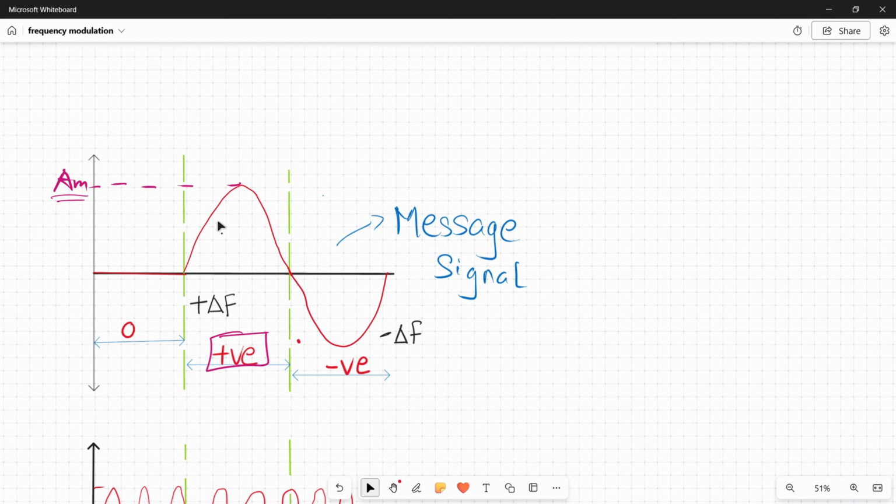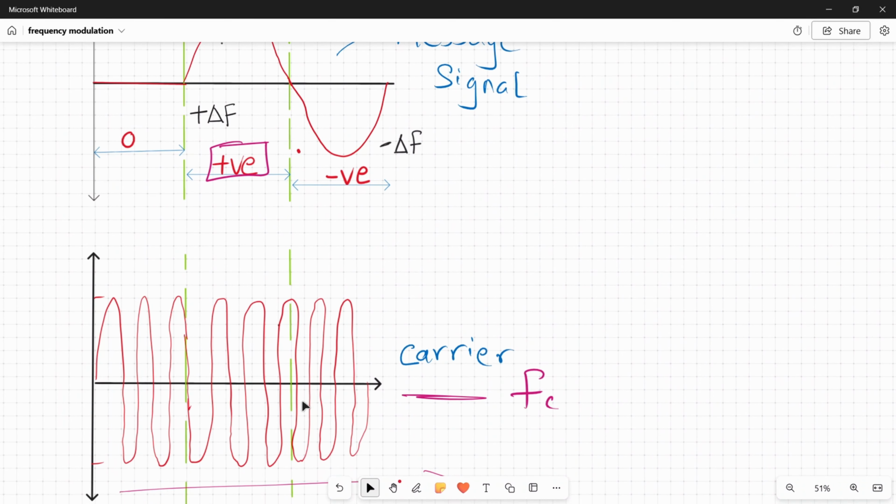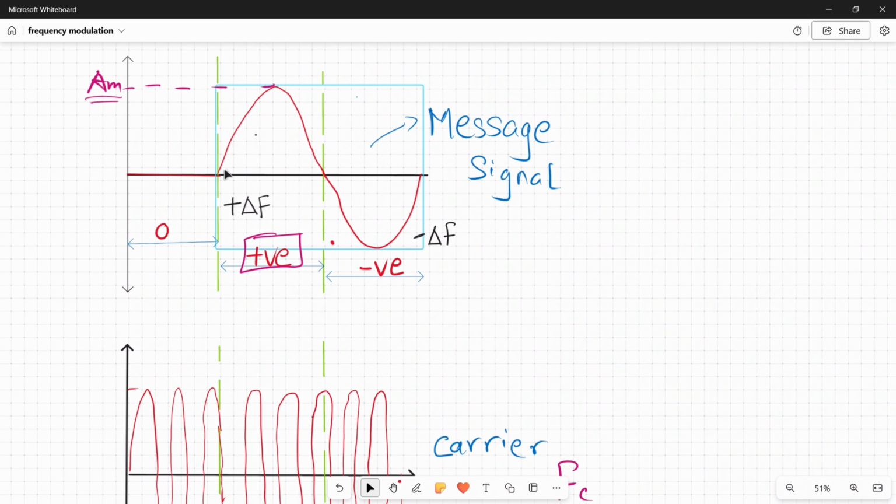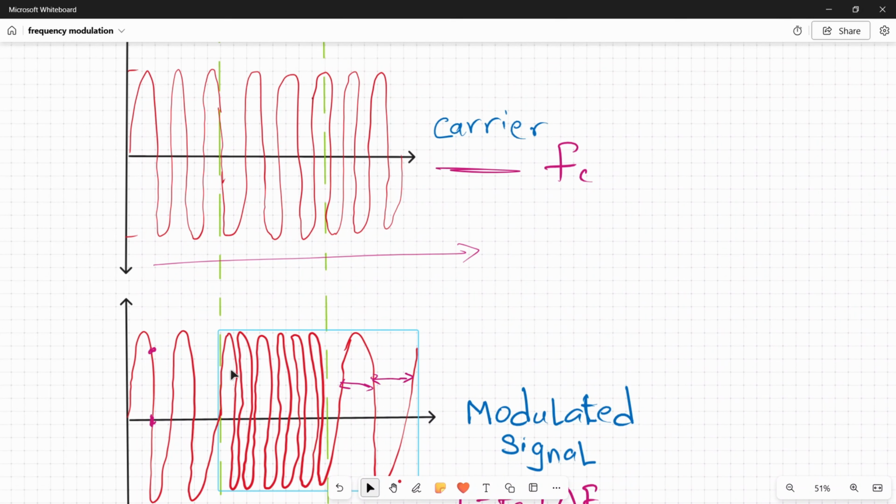So this is our normal message signal. This is our carrier signal. After modulation, you can see when the amplitude of the message signal is high, or is positive, the modulated signal looks a bit jam-packed.